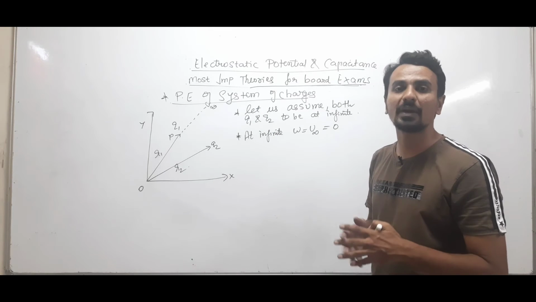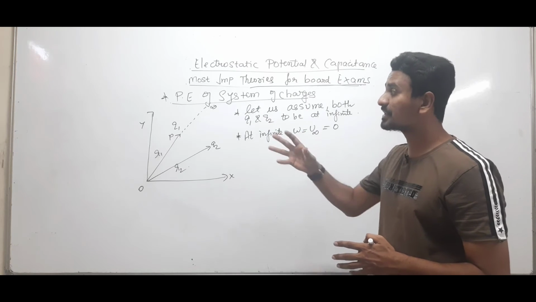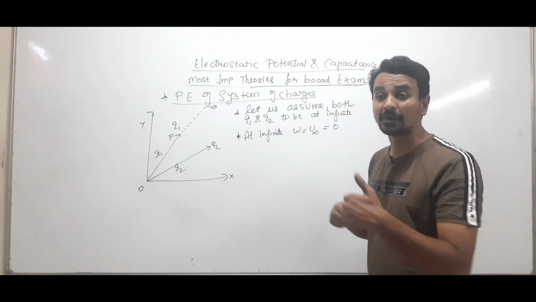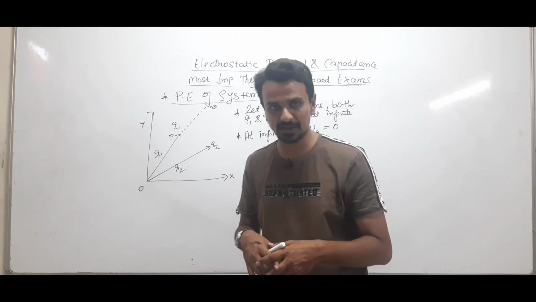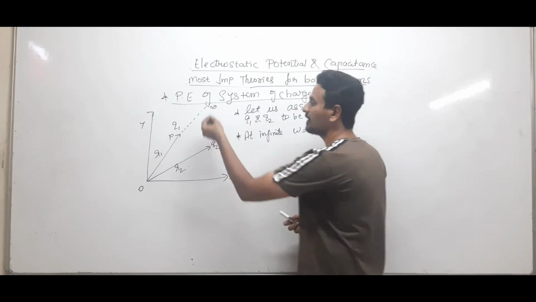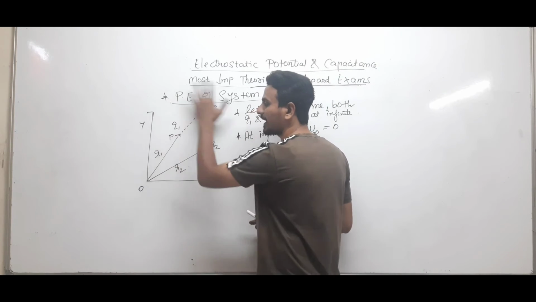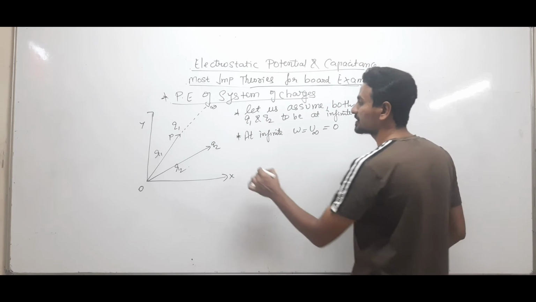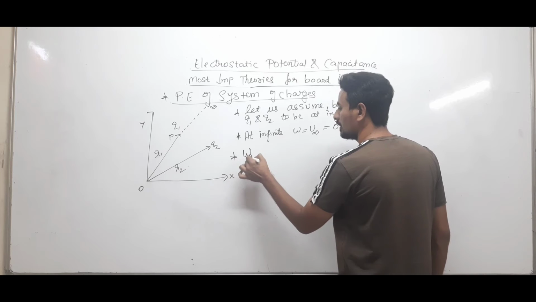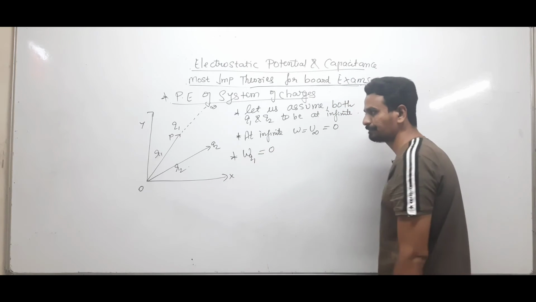Then you don't need to do any work, because work has to be done against the potential produced by the charge or against the electric field produced by the charge. Since when you are bringing the first charge, there was no electric field or potential of any other charge, the work done to bring the charge Q1 is 0.